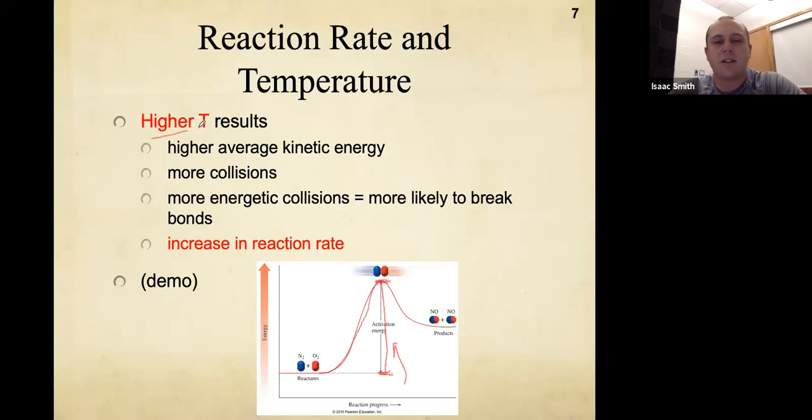So if you have a higher temperature, that means there's higher kinetic energy, right? So there's more energy available when the molecules collide. So if there's more energy, then it's more likely that you're going to climb up this activation energy hill. And so that also increases the reaction rate. Okay.